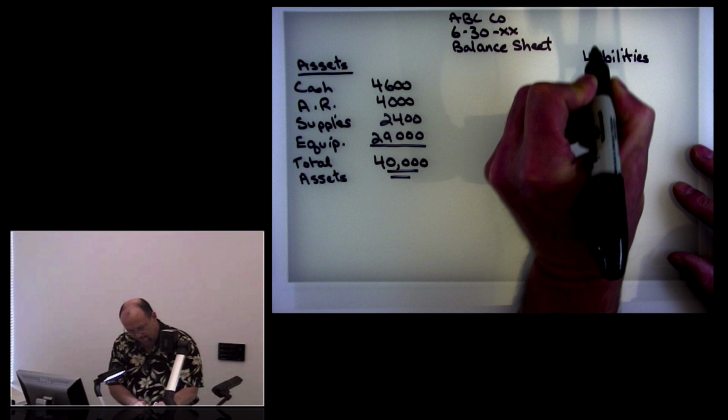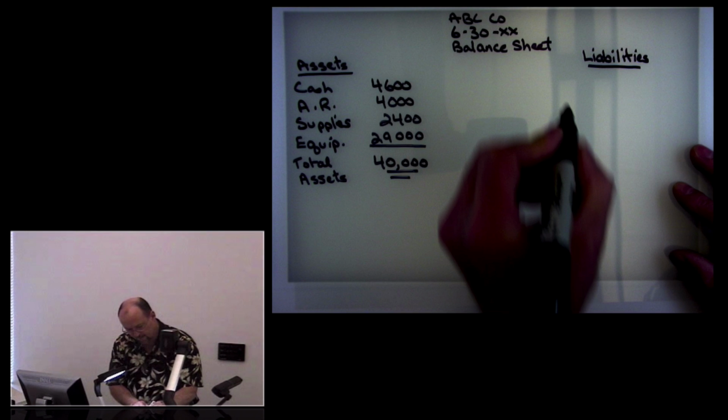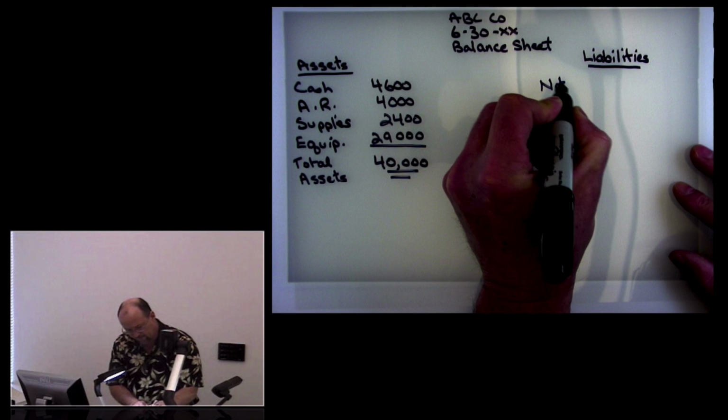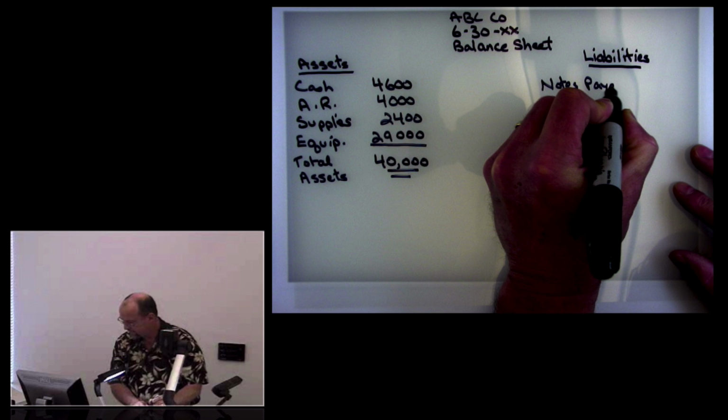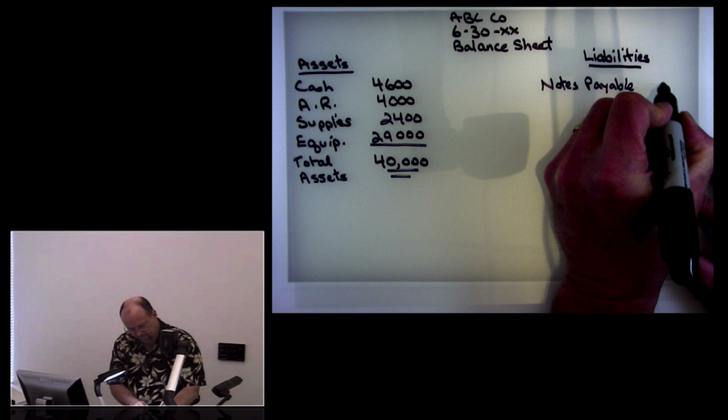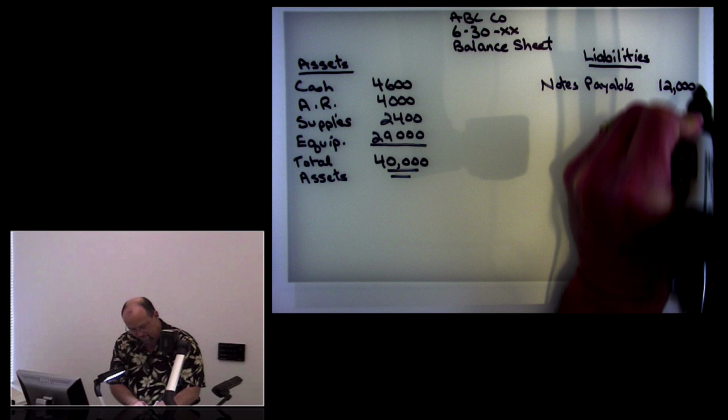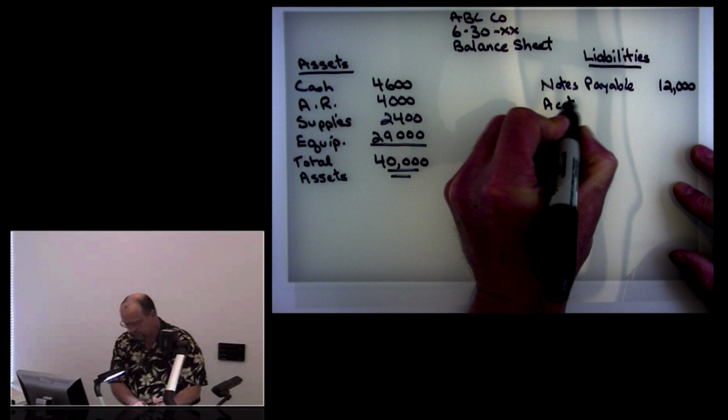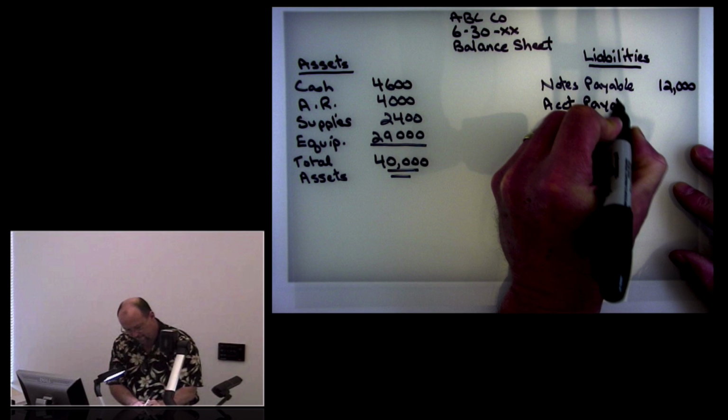On the right, I first list my liabilities. I have notes payable for $12,000.